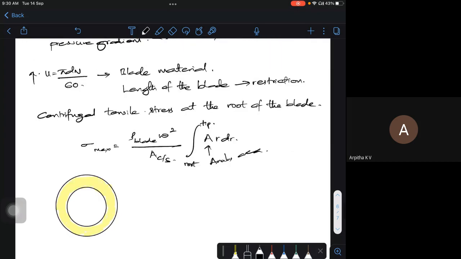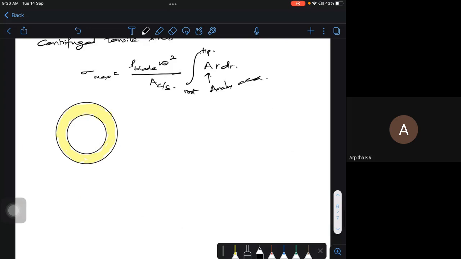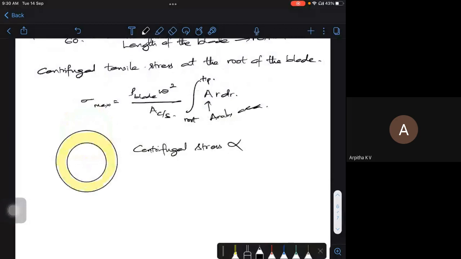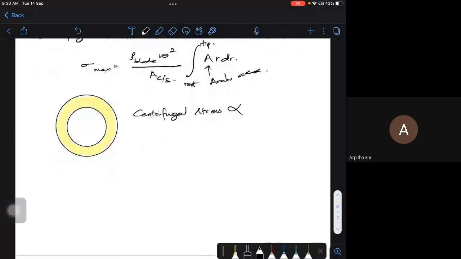Your omega is 2 pi N by 60. So your centrifugal stresses are proportional to U square, omega square, which means N square. It is proportional to your tip speed, omega square or U square, whatever it may be.